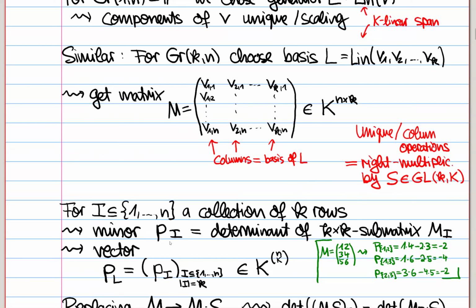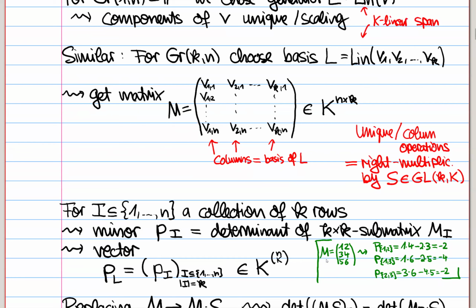This gives you one of the maximal minors, p_I, of this matrix M. And if you assemble all of these minors, then you get a vector, which we call p_L, containing all these determinants, and the set of possible choices of k rows in this matrix of n rows is exactly n choose k. So that's very abstract.